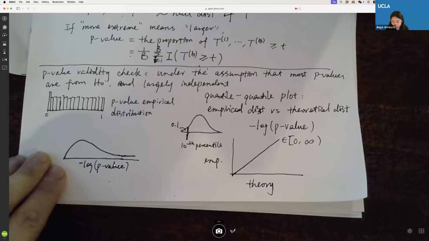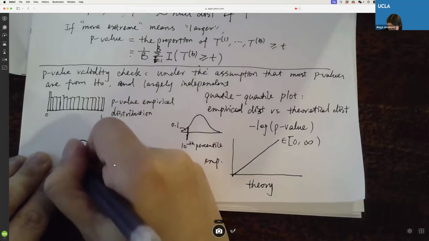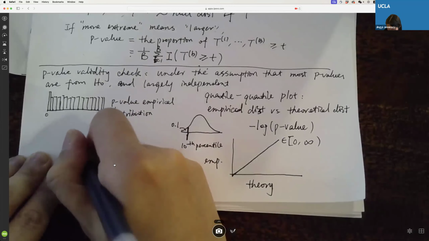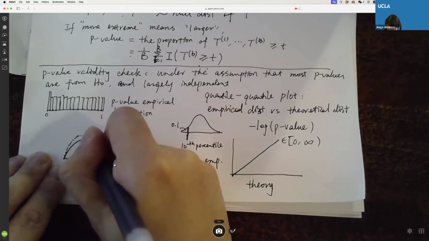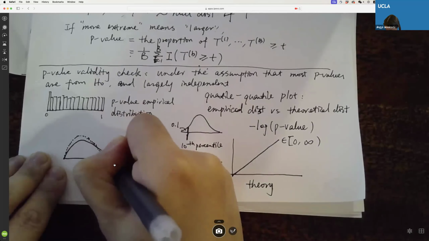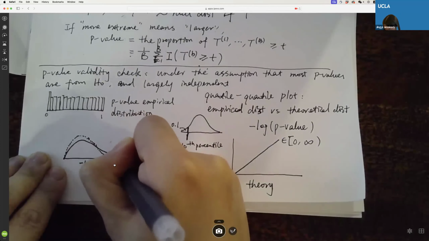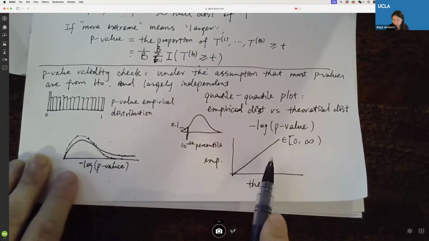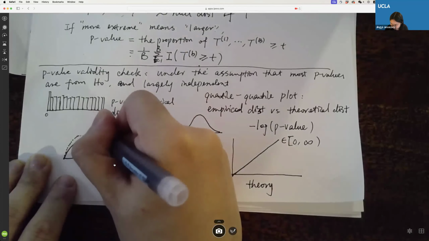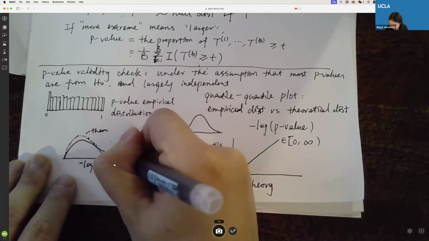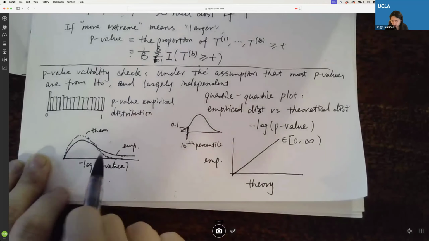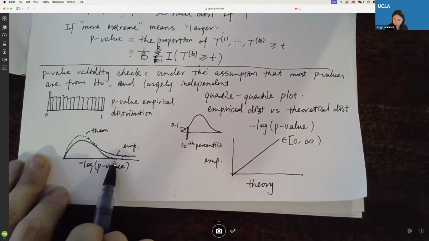On the other hand, I have a theoretical distribution, uniform 0 to 1, and that will have a lighter tail. So I'll just use the dash to draw that distribution. It quickly decreases in the right tail. That means the theoretical one, and this is the empirical. The theoretical one has a lighter right tail, meaning fewer large values.